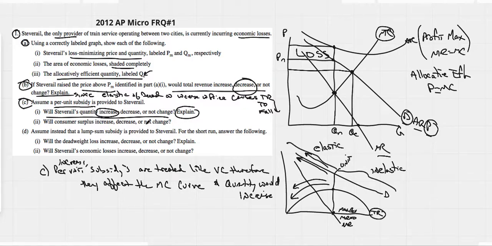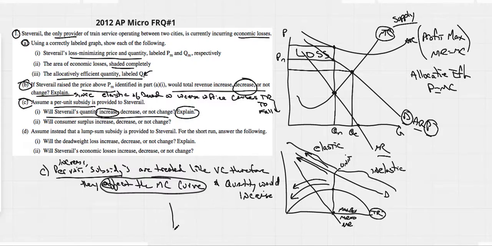Just understand here that per unit subsidies or taxes always affect, should I have said effect instead of affect? Effect, whatever, the marginal cost curve. It will shift, meaning that we think of our marginal cost curve as our short-run supply curve. So think about supply. If you were to give a subsidy, do we have more supply or less supply?